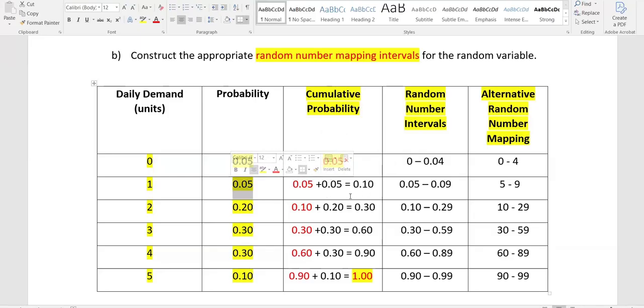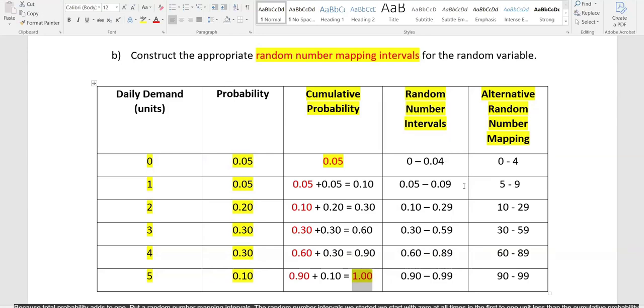We get 0.1. Then bring forward that 0.1 to the next cell and add it to 0.20, and we get 0.30. Continue that process until you reach 1. The cumulative probability must end with 1 because total probability adds to 1.